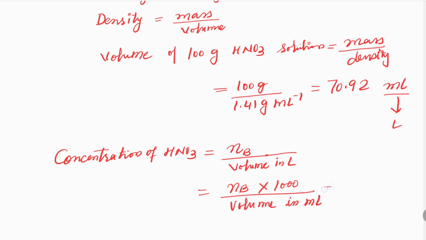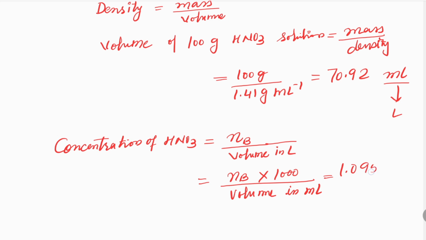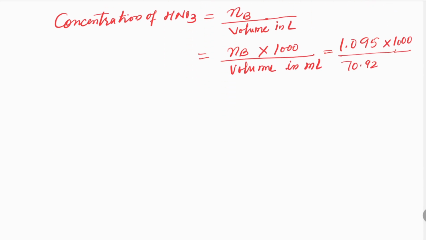So Nb was 1.095 moles divided by volume in milliliter, which we have calculated as 70.92, and we have multiplied this whole thing with 1000 because we have converted it into liters.